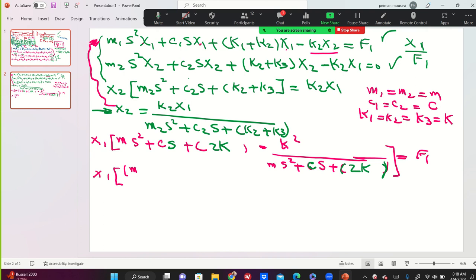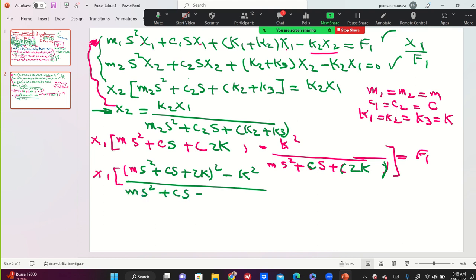So it's gonna be this square: (ms squared plus cs plus 2k) squared minus k squared, divided by ms squared plus cs plus 2k, is equal to f1.